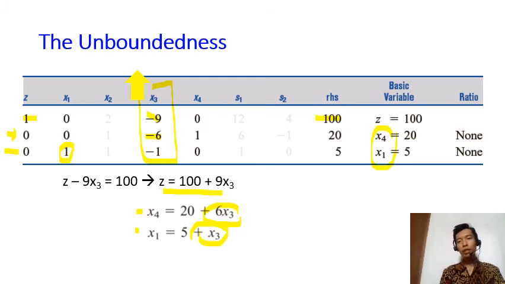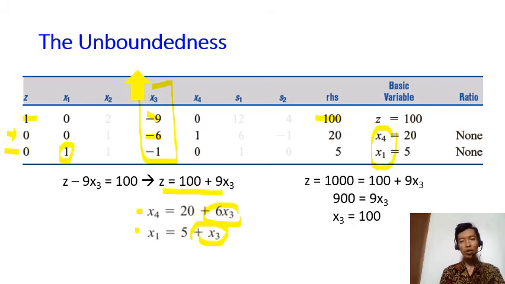So for example, if you want to set x3 such that the z value becomes 1000, notice that the current z value is 100. If you want to increase z to 1000, what should you do? Well, you just plug in z equals 1000 into z equals 100 plus 9x3 from this table. Then you know that x3 must equal 100.